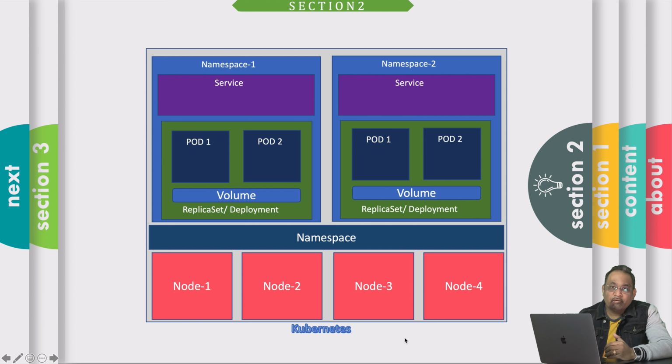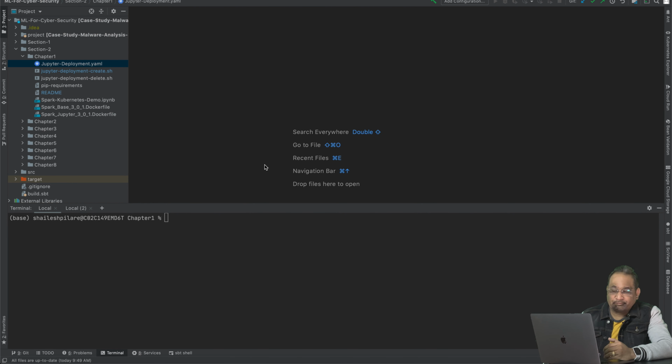Let's deploy our first Kubernetes application and expose it via a Kubernetes service. And now let's open the Jupyter deployment.yaml file from the chapter 1 folder.